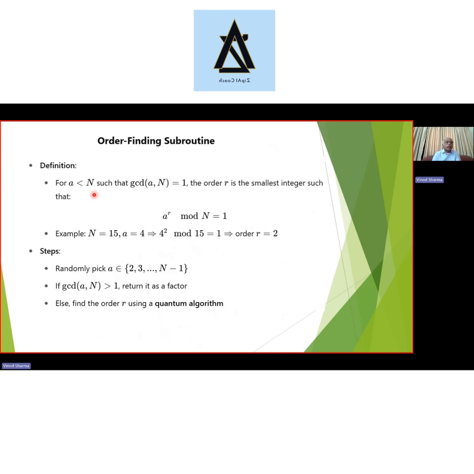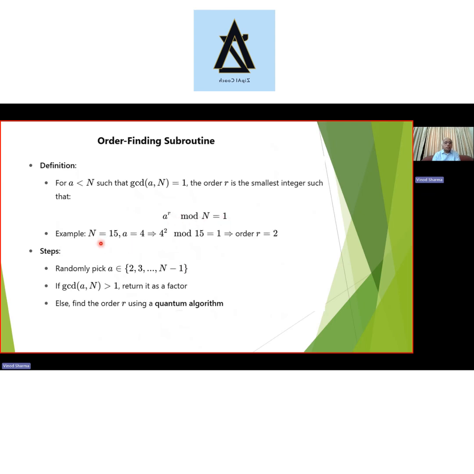Now choosing such an n, if a is less than n and the greatest common divisor between a and n is 1, then the order of a with respect to n is the smallest integer r such that a raised to power r mod n is equal to 1.